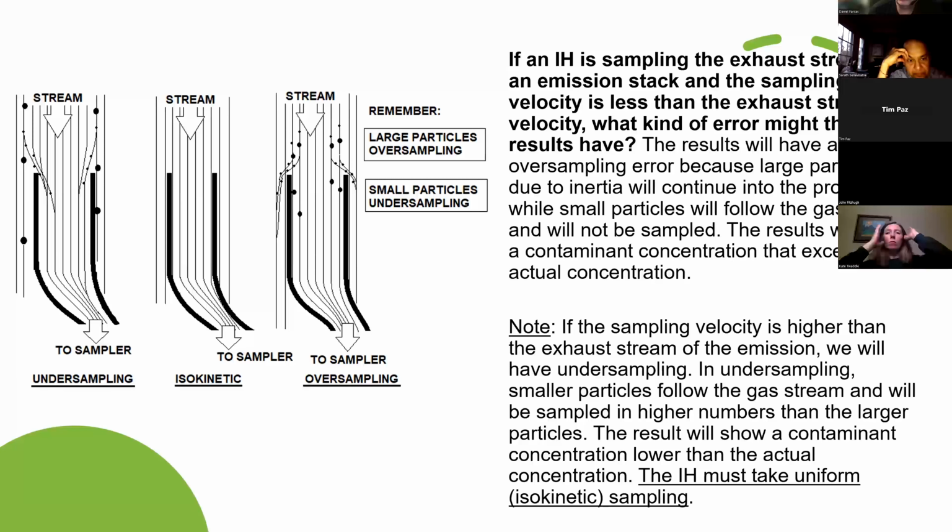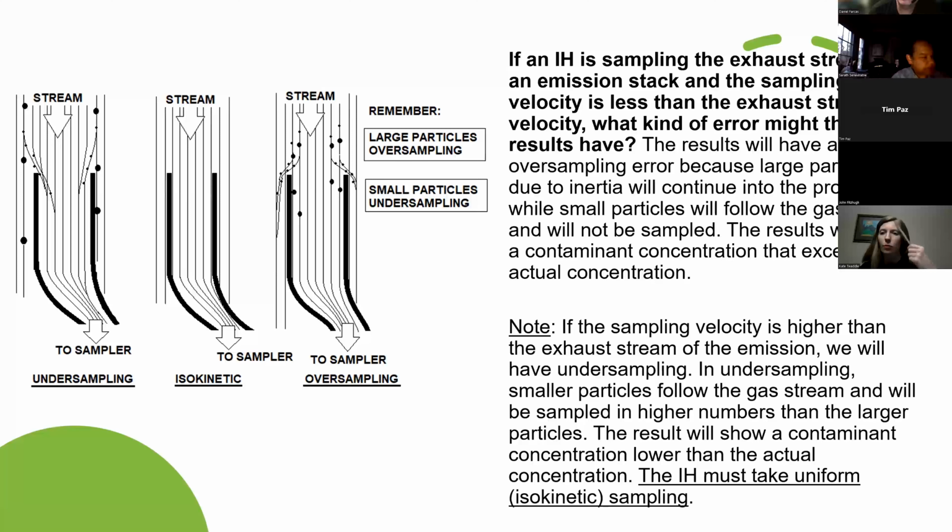Note, if the sampling velocity is higher than the exhaust stream velocity of the emission, we will have undersampling. In undersampling, the smaller particles follow the gas stream and will be sampled in higher numbers than the large particles. The results will show a contaminant concentration lower than the actual concentration.